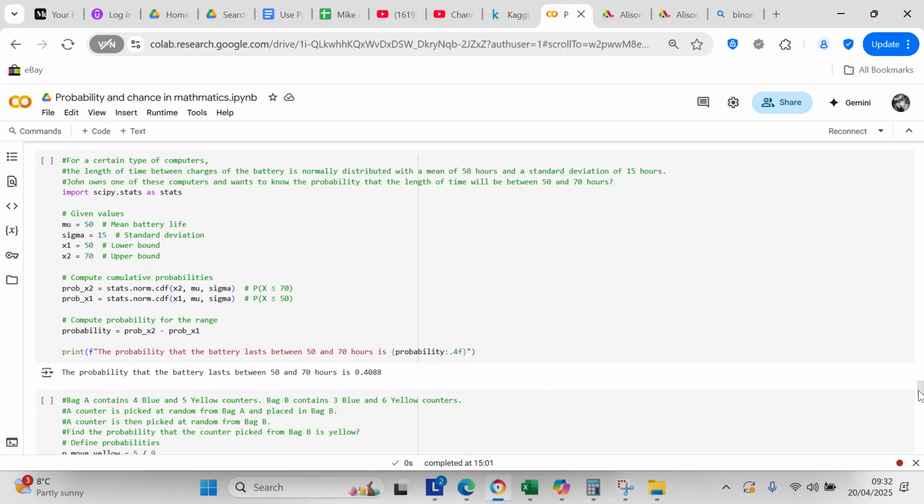Prob x1 equals stats.norm.cdf(x1, mu, sigma). And then we compute the probability for the range. Probability equals prob x2 minus prob x1. And then you're left with a value of 0.4088.